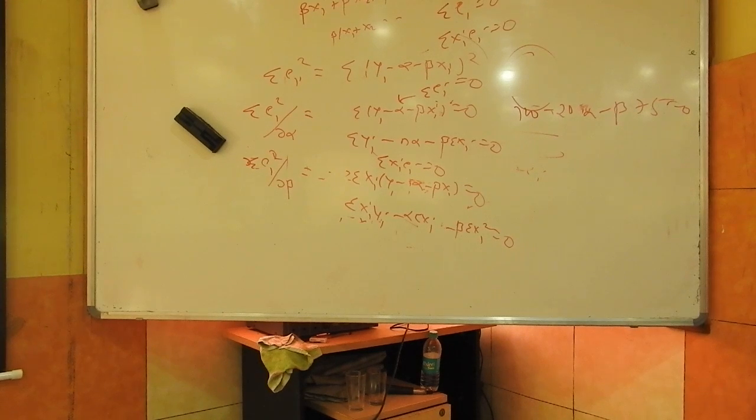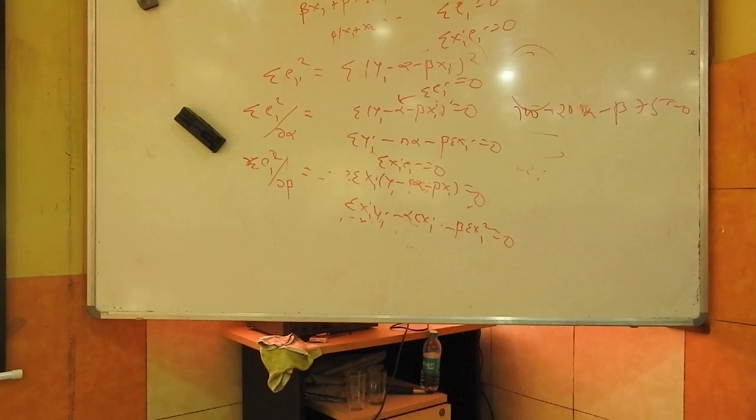Summation xi ei minus x bar summation ei. वो भी 0 हो गया. Right? xi minus x bar into ei को खोलेंगे तो summation xi ei minus x bar summation ei मिलेगा, है ना? Summation ei क्या है? 0 है. So summation xi ei बचा सिर्फ.